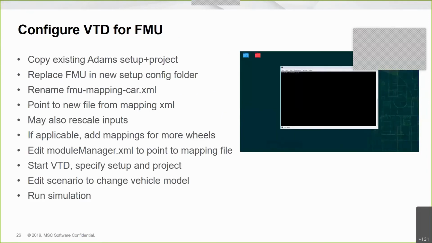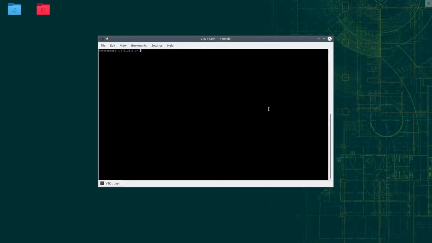Next, to configure VTD to use this FMU. First, I will copy the setup and project of an existing Adams configuration. We have 2 example setups, an Adams passenger car and Adams truck trailer. That's the semi that you saw before.